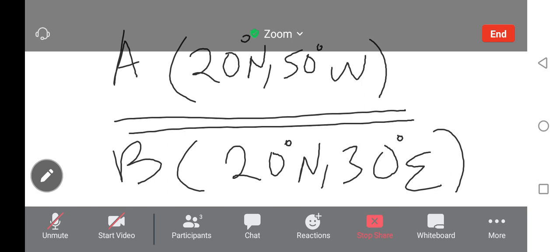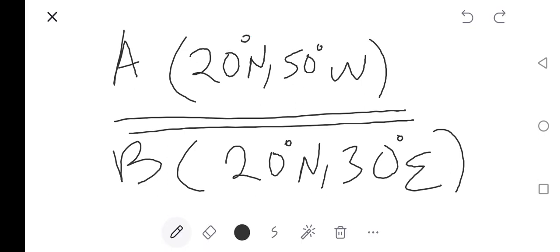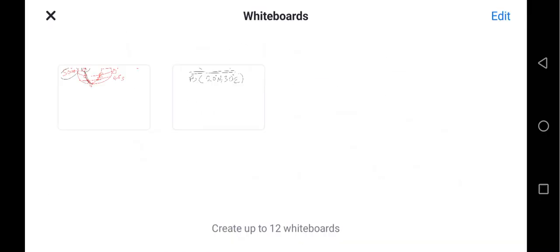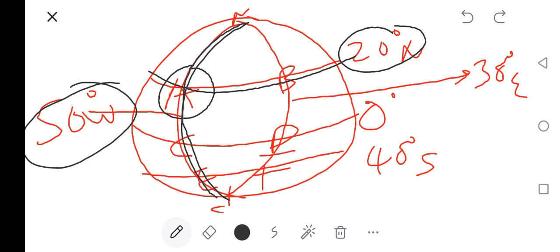Teacher, I have a question. Is it possible to find them on the same line? For example, the C. C here, the latitude is on 30 degrees west, right? The latitude for C, no, it's 0 degrees.